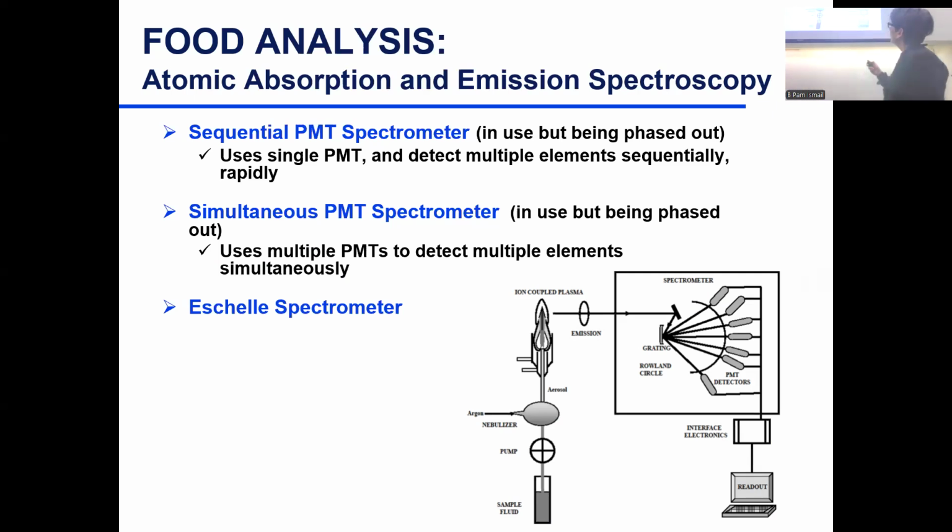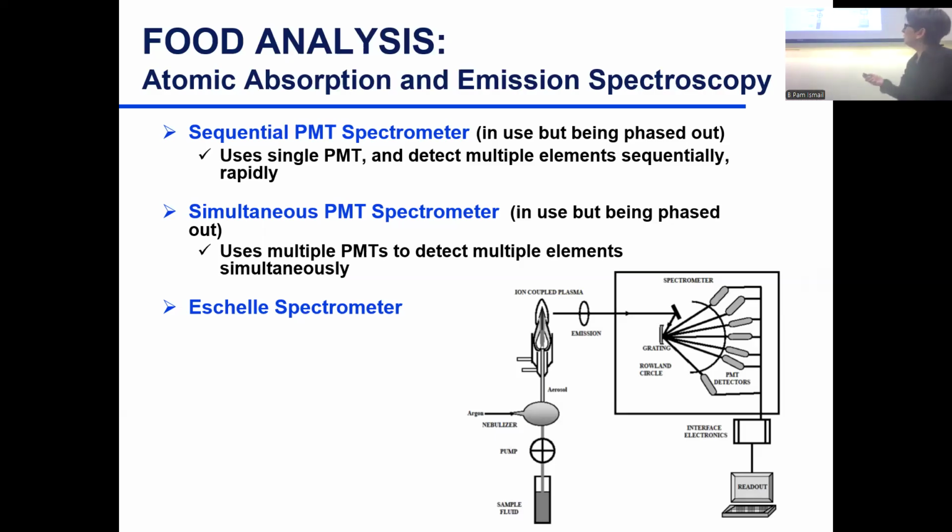Or you have up to 8 of them with a diffraction that simultaneously sends the light to those 8 different PMTs, and then you can get up to 8 measurements all at once for different elements.